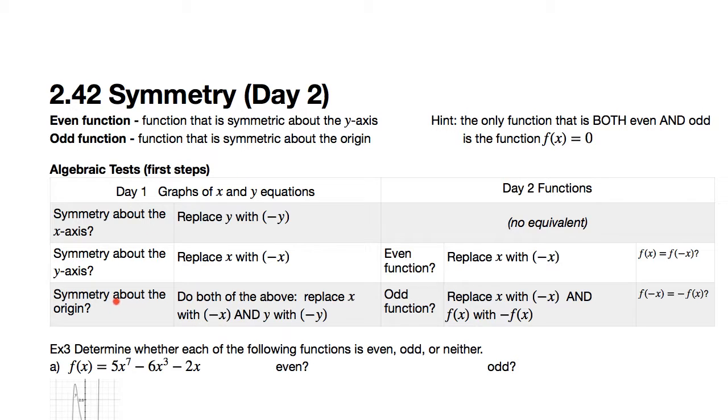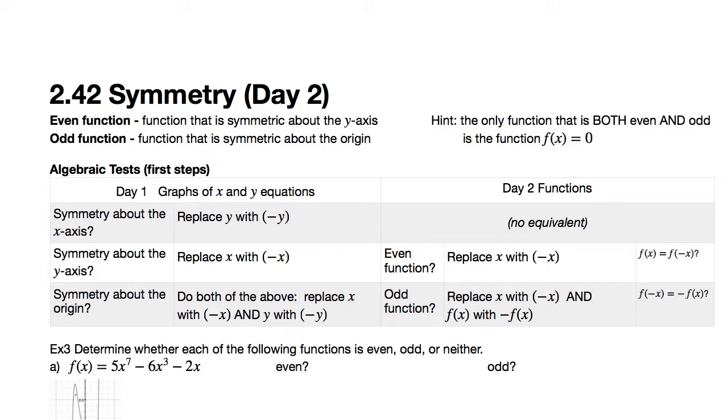So day 1 we talked about symmetry about the origin, and we've had a test for that. With an odd function, it's a very similar test. Replace x with negative x and f of x with negative f of x, so that you see whether or not your expression for f of negative x is equal to your expression for negative f of x.